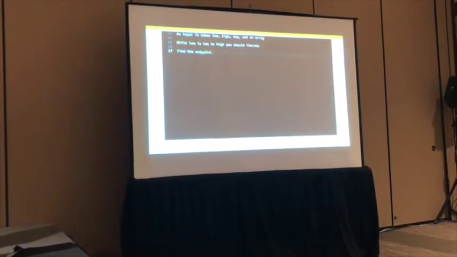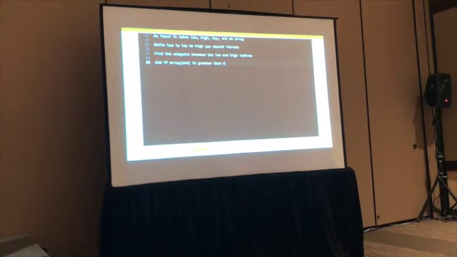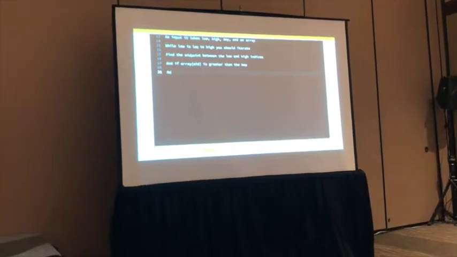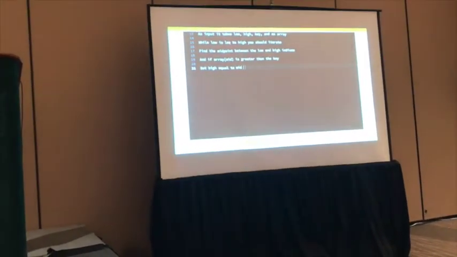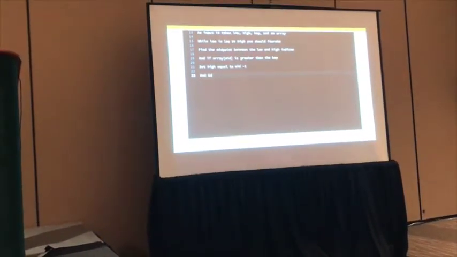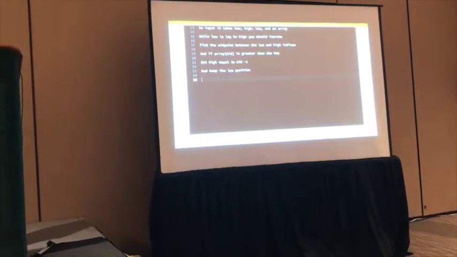Find the midpoint between the low and high indices in an array that is greater than the key. Set high equals to mid minus 1, and keep the low position.